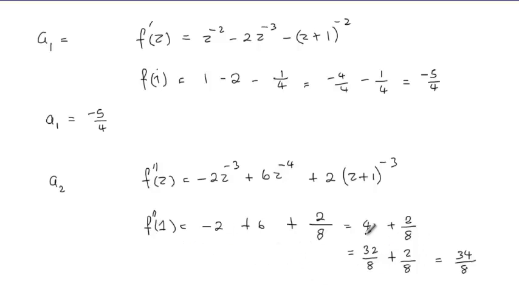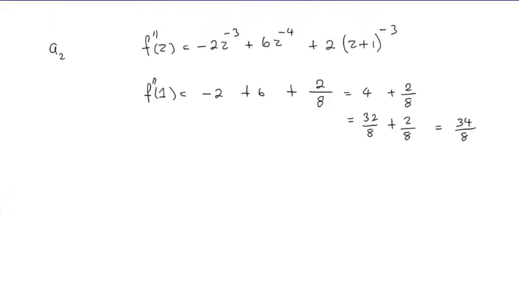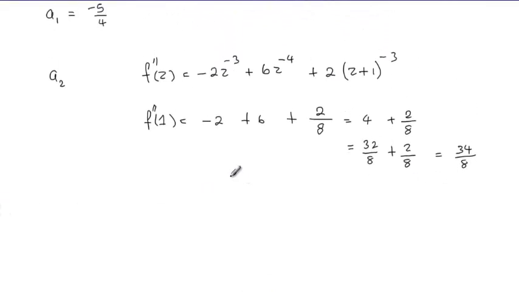I might make some numerical errors here, so you can look out for that and correct me wherever I go wrong with my calculations. Now our A2 will be equal to the second derivative over 2 factorial.